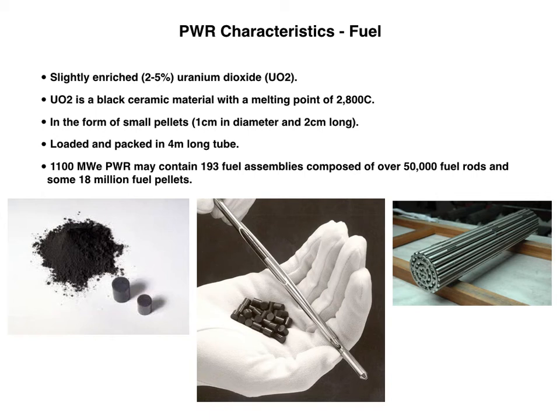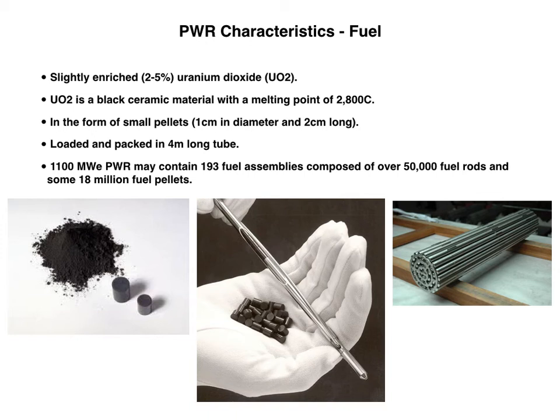The fuel in a pressurized water reactor is slightly enriched, from 2 to 5% uranium-235, in the form of uranium dioxide. Uranium dioxide is a black ceramic material with a high melting point of approximately 2800 degrees. The uranium oxide is in the form of small cylindrical pellets about 1 centimeter in diameter and 2 centimeters long.